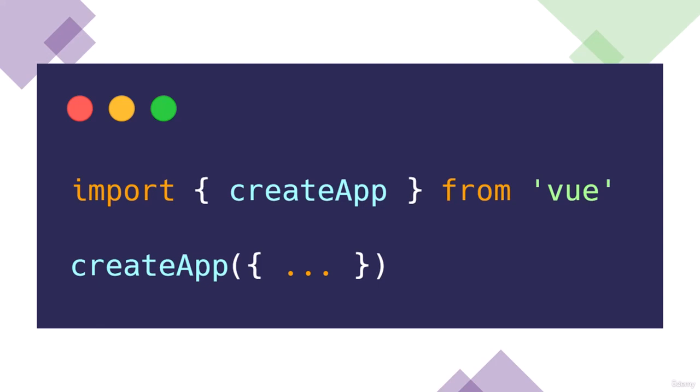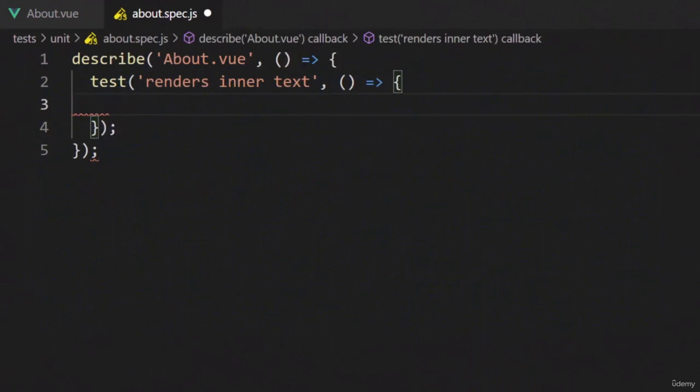When we use the createApp function, we're calling a constructor function with a new instance of Vue. Components don't ship with a constructor function, so we won't be able to mount the component. This issue can be resolved by using the Vue Test Utilities library. It provides a method for converting a component into an instance that can be mounted.